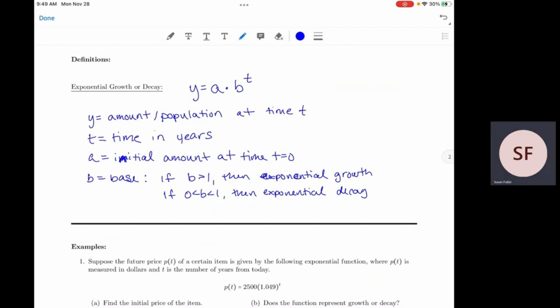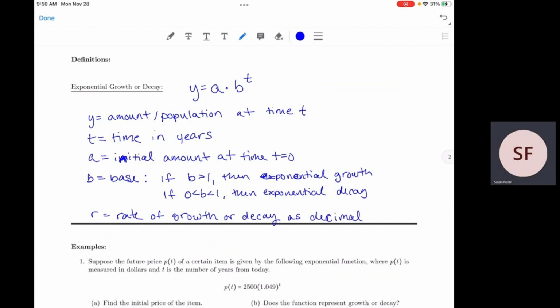We might also be asked for the rate of growth or decay, or the percentage growth or decay. That's going to be something called R, and that's going to be a rate of growth or decay. To find this, it's really going to depend on whether we have growth or decay.